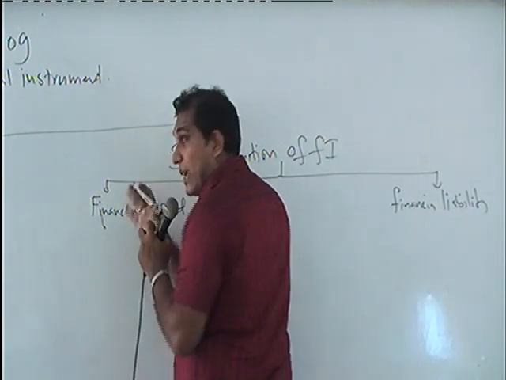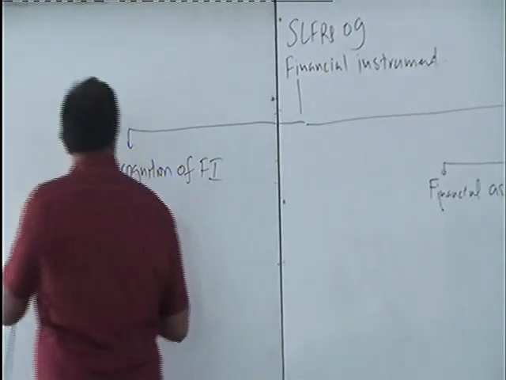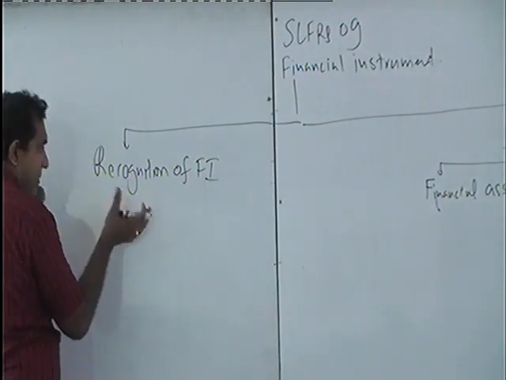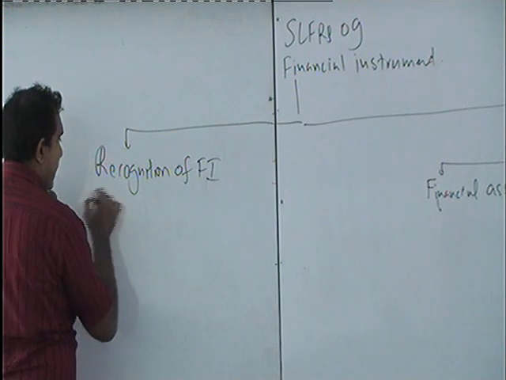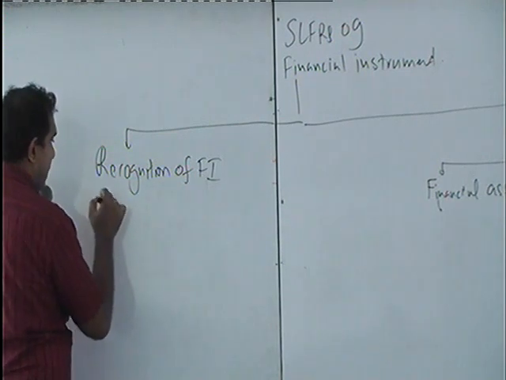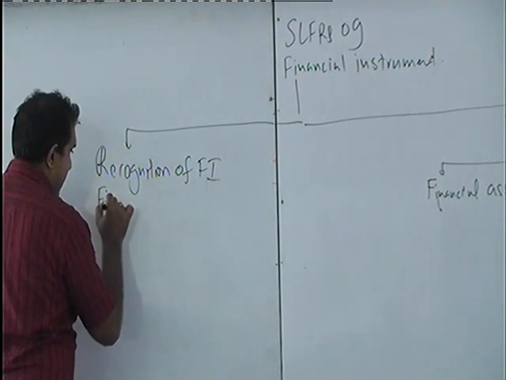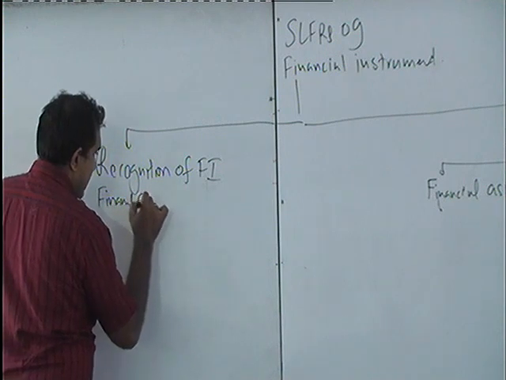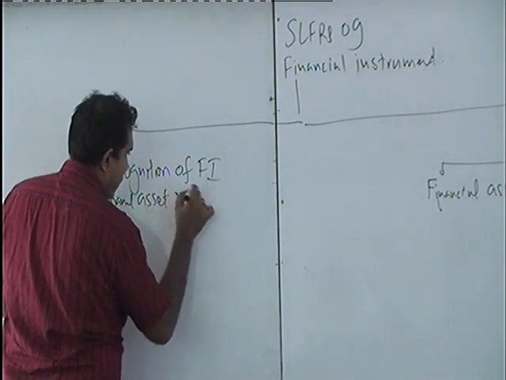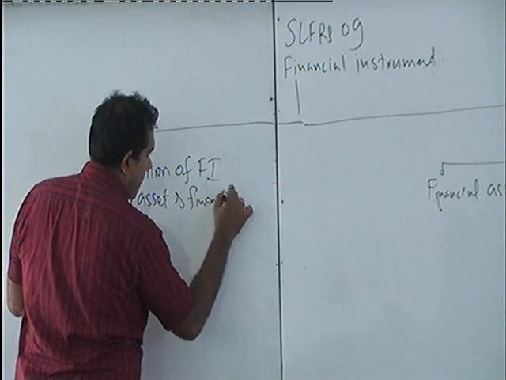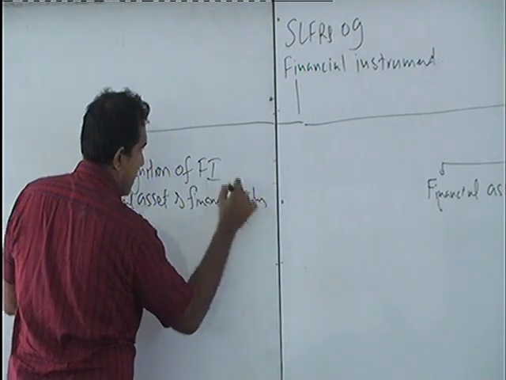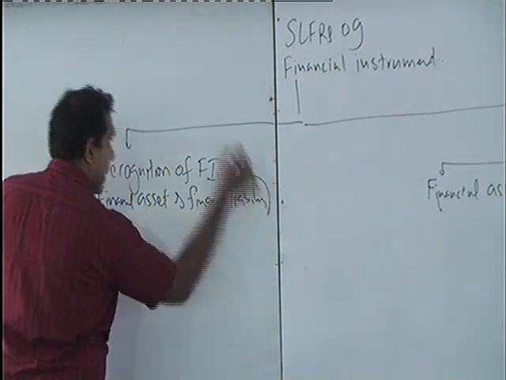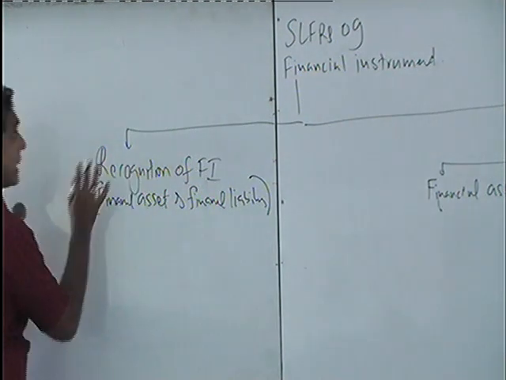But recognition of financial instrument, we can simply talk about together, financial asset and financial liability. In this case, initial measurement, initial recognition.